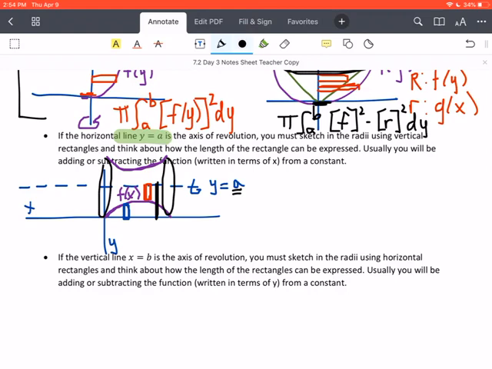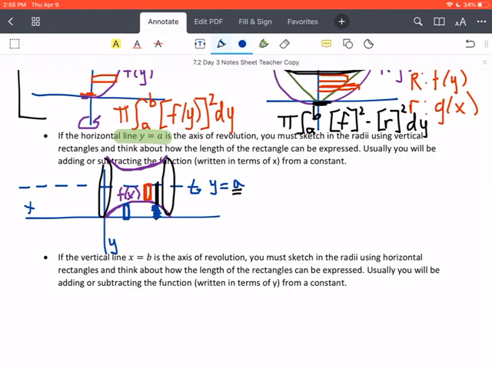And we have to subtract f of x, this little portion that I'm scribbling out of the black. If I scribble out the blue portion here, what is the black left with? It's the rectangle that is drawn from the axis of revolution to the function that we care about.